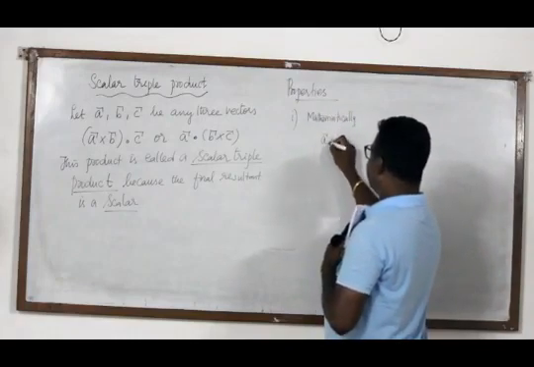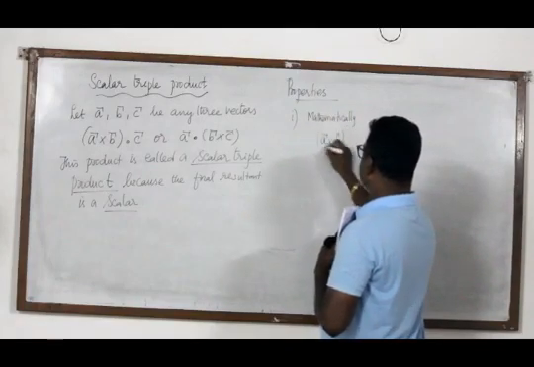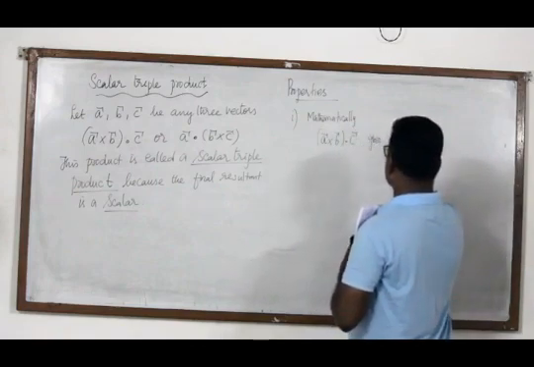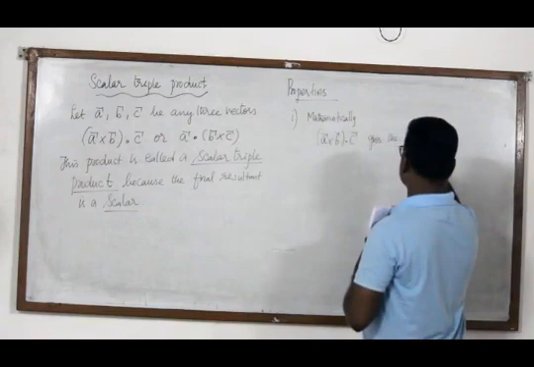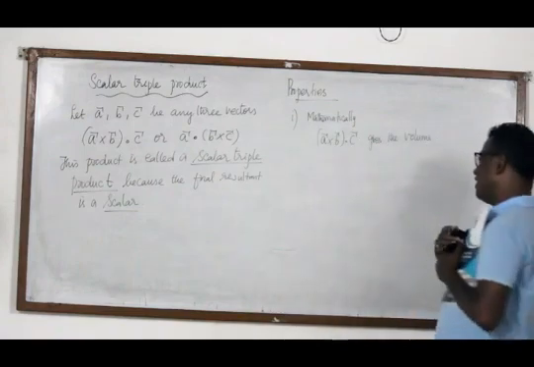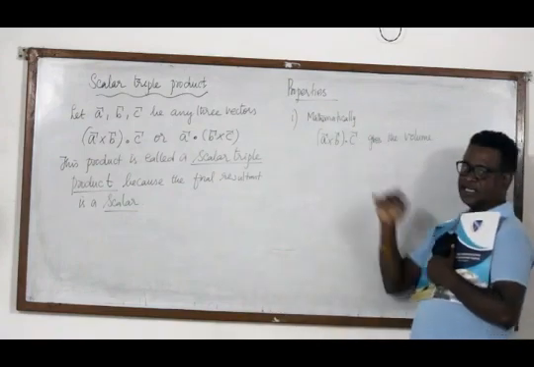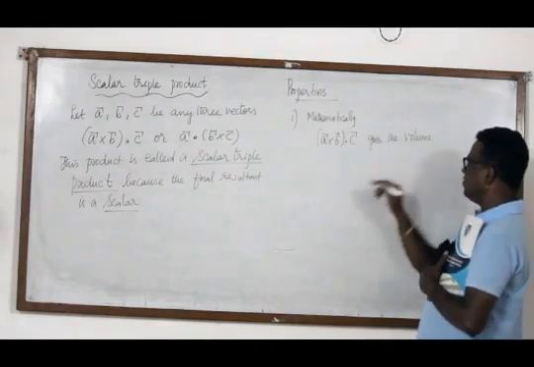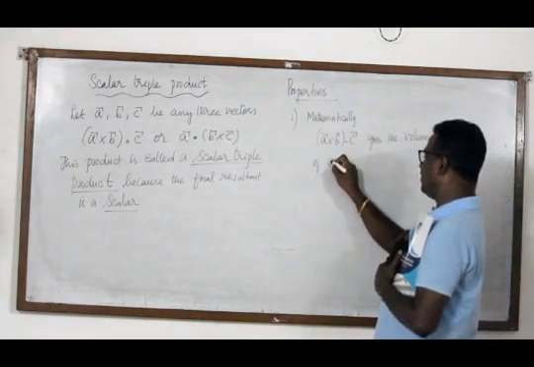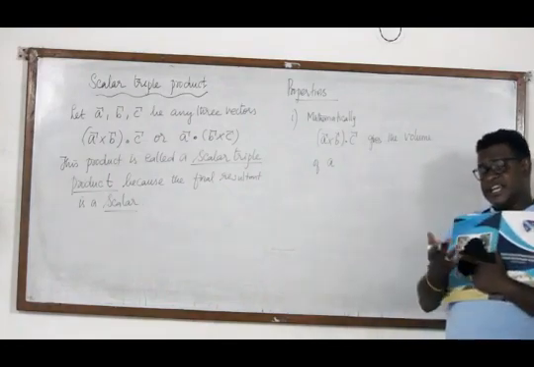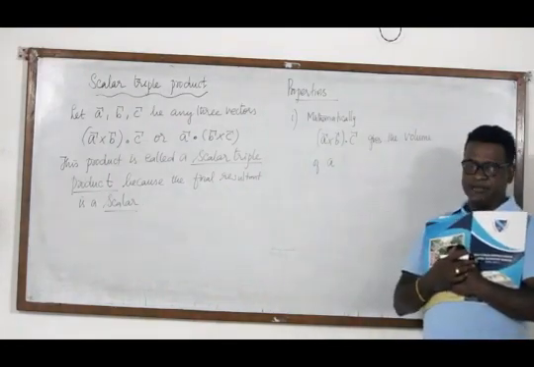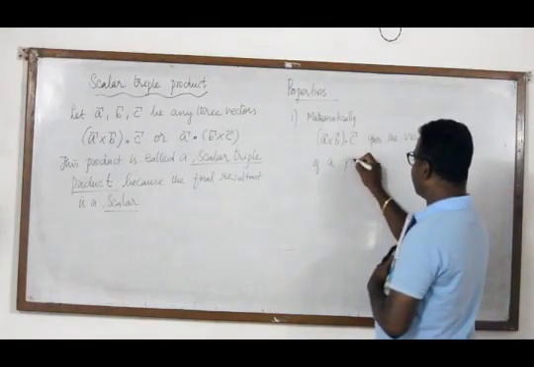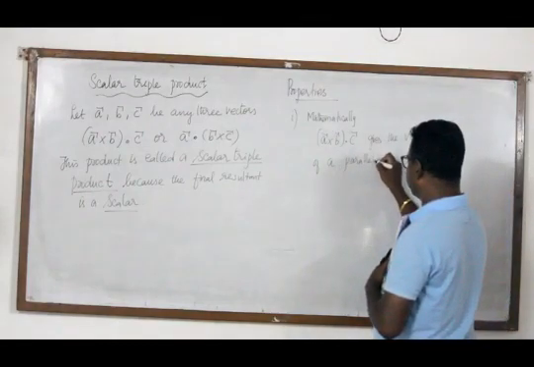Mathematically, A cross B dot C gives the volume, but here three vectors are involved, therefore it is a three-dimensional figure. So it gives the volume of a three-dimensional parallelogram known as a parallelepiped.